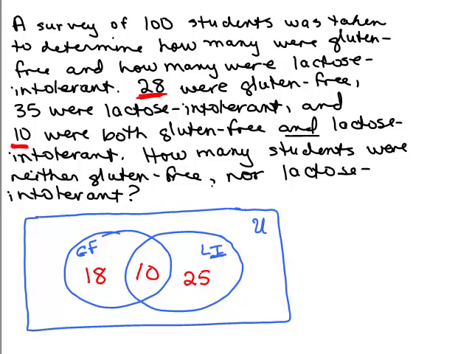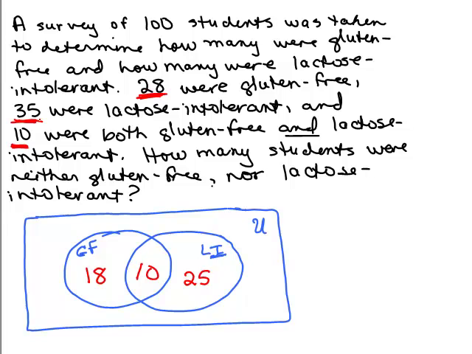So these are the people that are only lactose intolerant. But 10 plus 25 is all of the people that are lactose intolerant, including these 10 that are both gluten-free and lactose intolerant. The most common mistake is for people to put 35 right over here where I have written 25, or 28 over here where I put gluten-free.